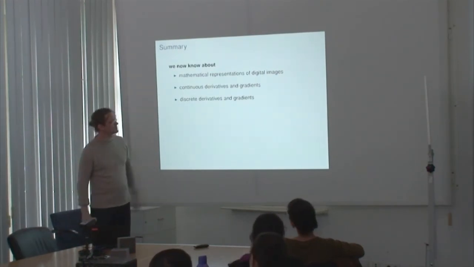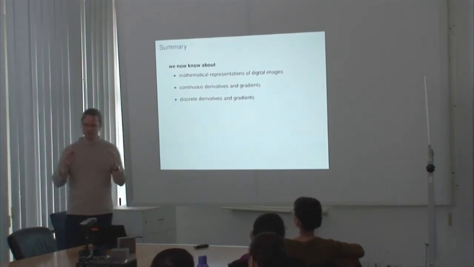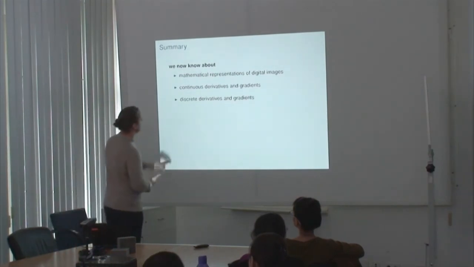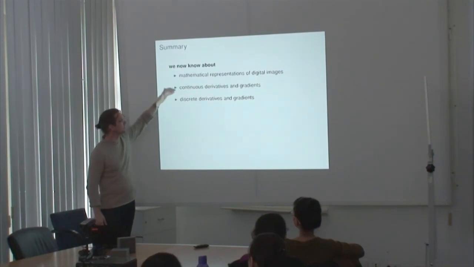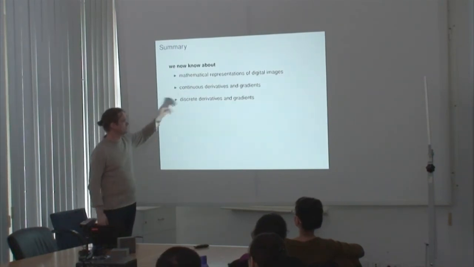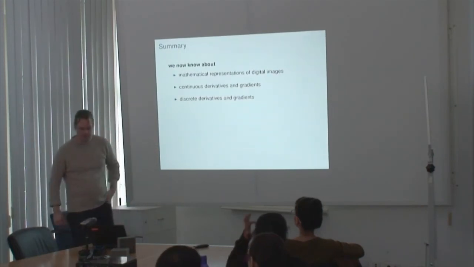One of the operators we saw today was the gradient operator. We can apply these kinds of things to images. And we discussed one way of adapting what we know about continuous functions to the realm of discrete functions, in particular with respect to derivatives and gradients.